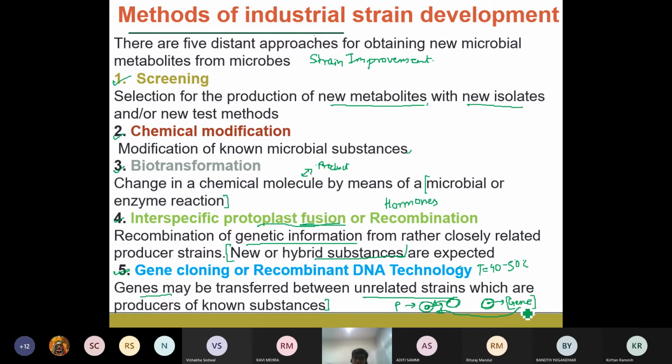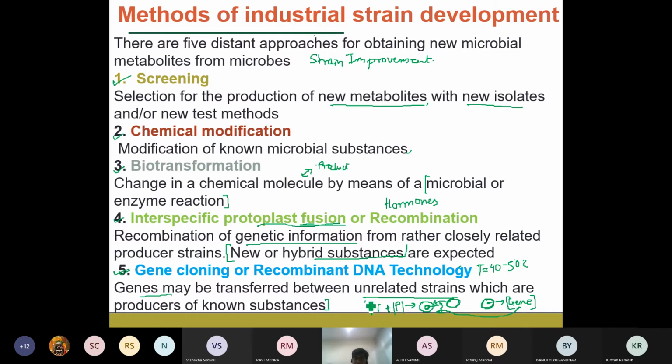If you are successfully able to insert the gene which is responsible for its viability or growth at high temperature, then your desired strain will produce your desired product, as well as be able to produce it at the high temperature.